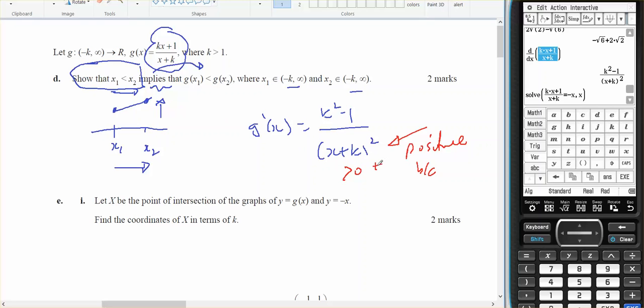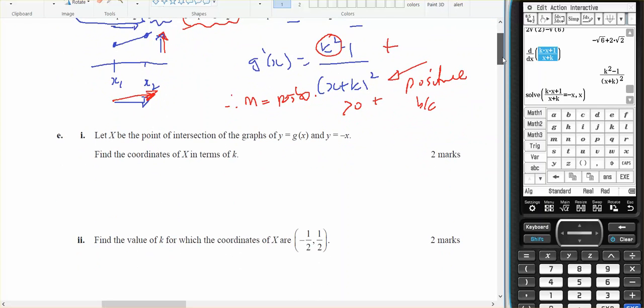And k is bigger than 1, therefore k squared minus 1 is always positive, so the top is positive. Positive divided by positive is positive, therefore the gradient is always positive. Therefore if x2 is bigger than x1, that implies this is the case.